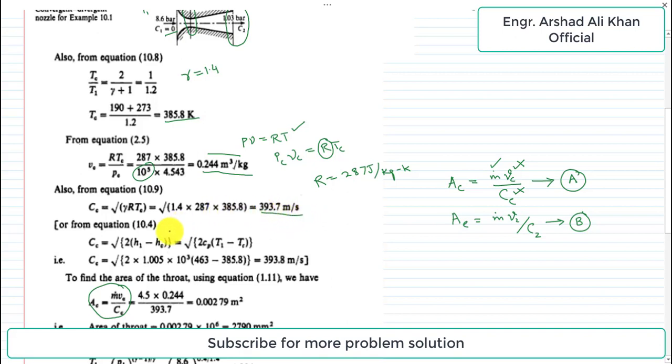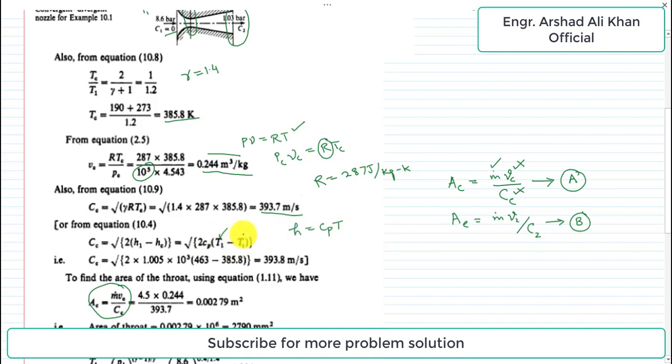Also using another expression, Cc is equal to under root 2 into (H1 minus Hc), where H1 is the enthalpy at the inlet of the nozzle and Hc is the enthalpy at the throat. Specific enthalpy in case of perfect gas is equal to CpT. So for state 1 and state C, which is the throat, expanding in terms of temperatures, we get 2 Cp into (T1 minus Tc).